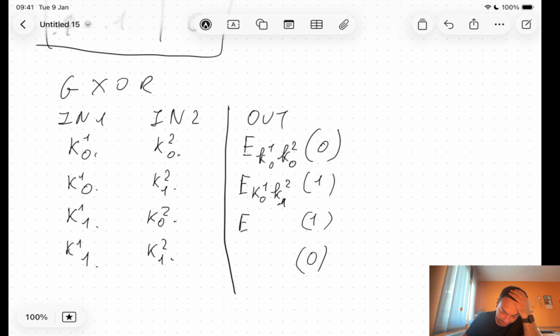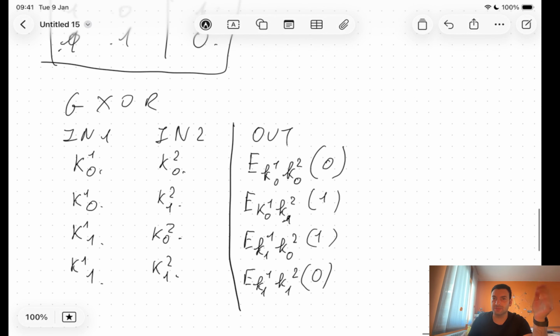And here you have 1, 1, key 0, 2. And here you have key 1, 1, key 1, 2. This is a simplified version, but it's enough for us.